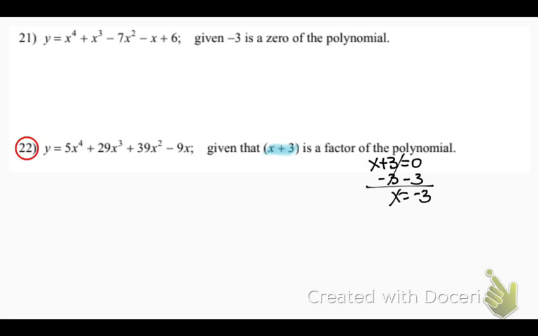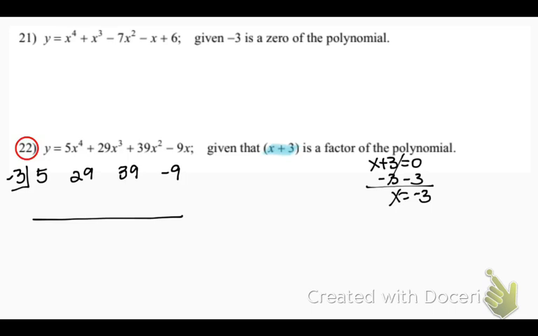Now, once I have that root, I can perform synthetic division, which I've already done. Okay, I've already showed you this, so I'm going to skip to the part with the rest of the work. Now, number 21 is done the same, except I'm given a 0 to begin with, so I can just do synthetic division from the very beginning. So here's how we would set up the problem, and now we are going to solve.